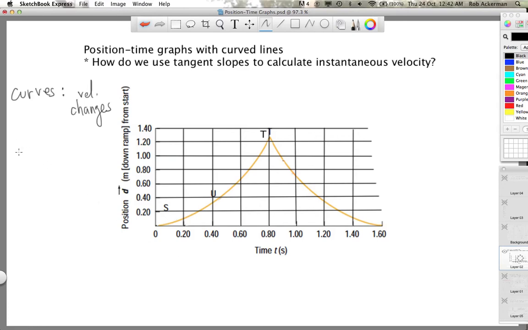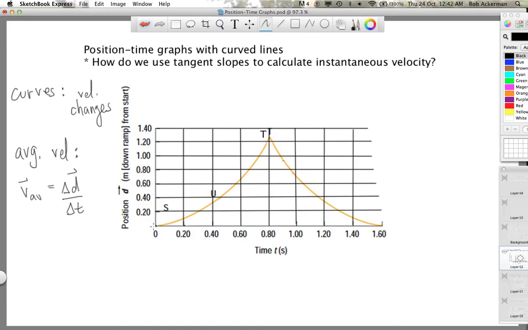I could ask you what the average velocity is. If I asked you for the average velocity, you would look at your definition for average velocity. It's the change, the delta in position, delta in d, divided by time.